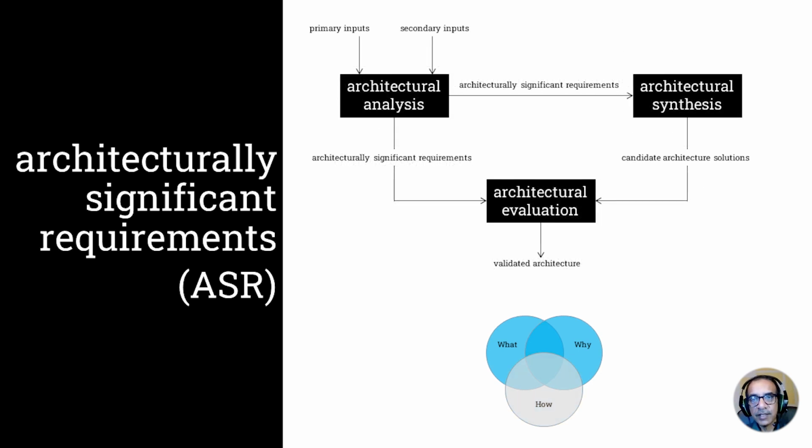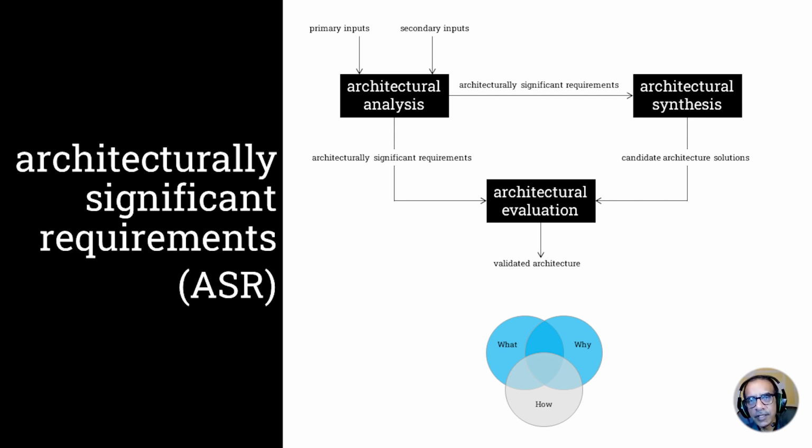Let's then revise what the architect does. He performs an analysis through the primary and secondary inputs explained in the previous classes and identifies the ASRs. These ASRs then form the core input of solution design through synthesis.